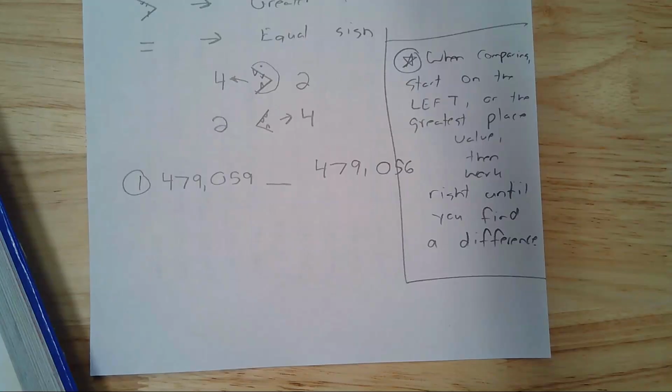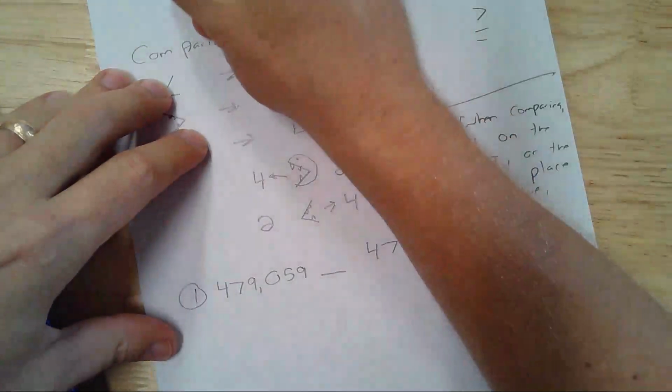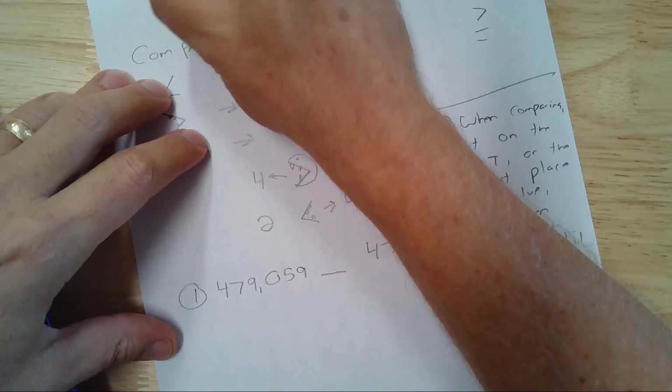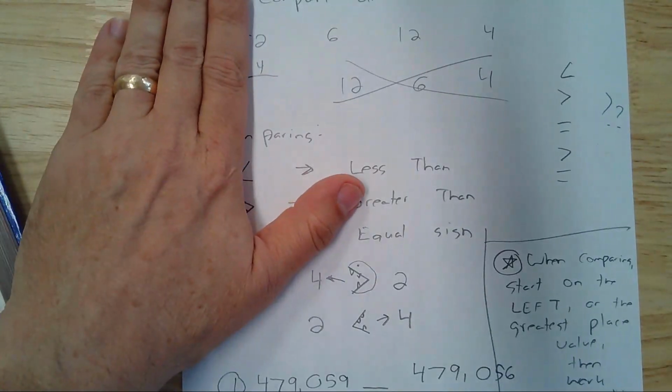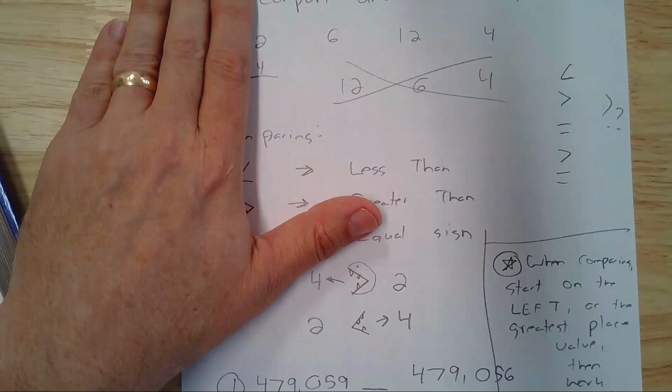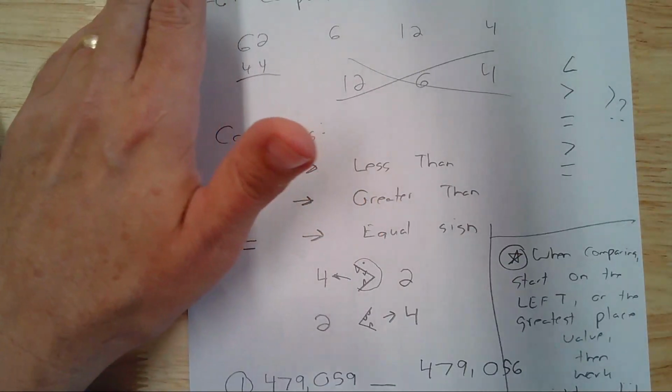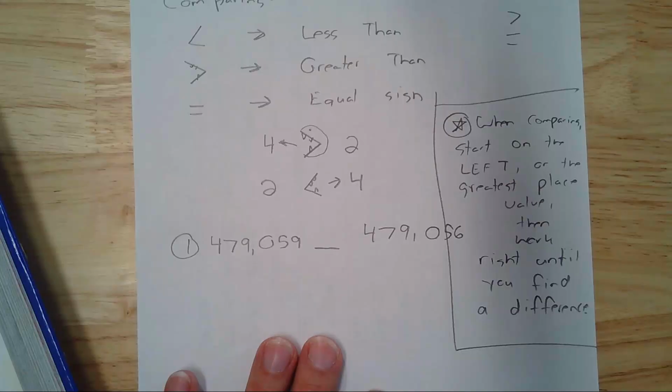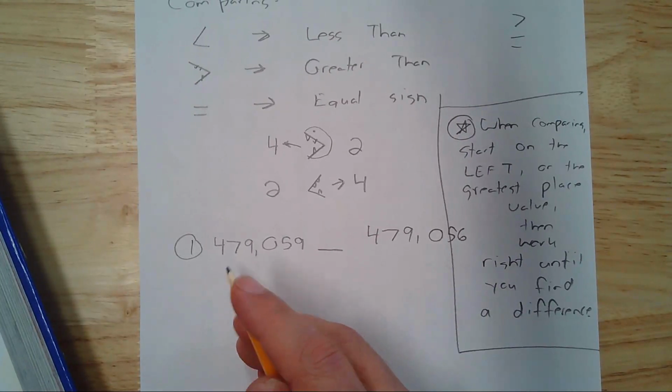When we're doing adding and subtracting, we start on the right. If I'm adding 2 numbers, you don't have to write this down like this. Well, I always start over here on the far right, the smallest place values, and then you work your way to the left. When you're comparing, though, we're going to start over here on the left.